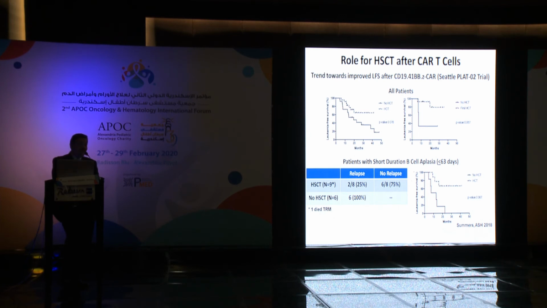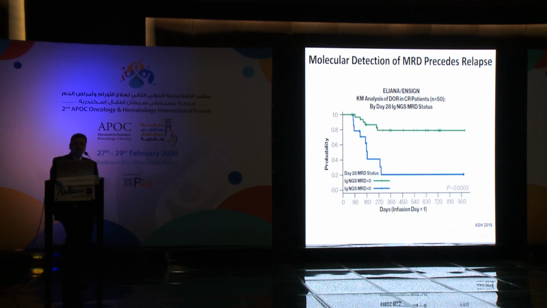So the general feel is, if you have persistence of CAR T-cells less than 63 days, all of those patients are usually recommended for transplantation. And as I say, this is all preliminary data since we don't really have a very wide set of data to address this.